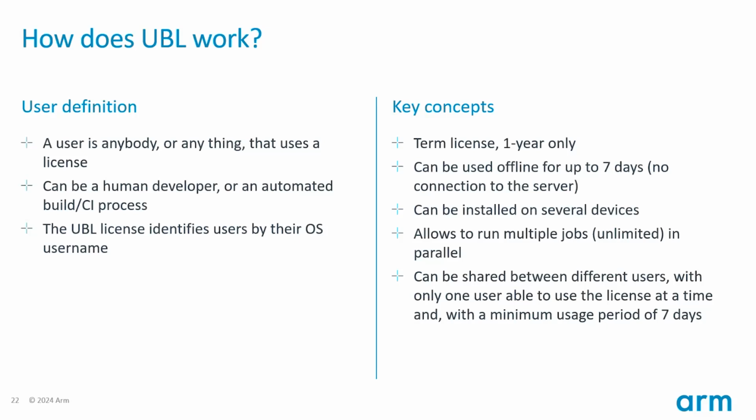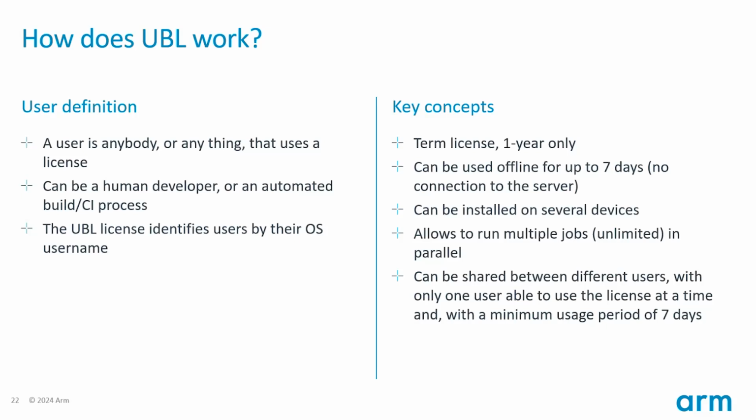So if you have a server that is running your CI tests, for example, then you can equip that server with one license because he is one user, and then you can run as many CI/CD tests on that machine as you like. And as I said, the UBL license identifies users by their OS username. So you need to make sure, especially if you have developers moving between machines, they need the same login on all machines, but then they can use the same activation code, for example.